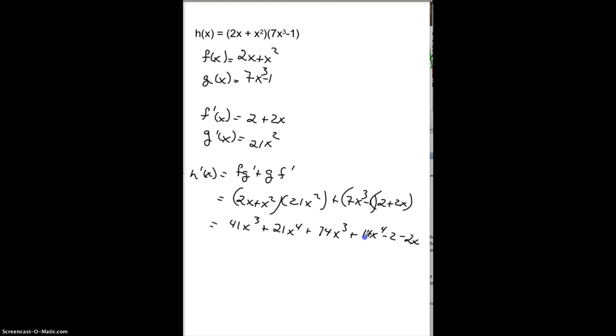If we collect like terms, this becomes 35x to the 4th. Where's my cube terms? 41 plus 14 is 55. Is that right? 55x cubed minus 2x minus 2. And if we're good, that's exactly what we found before.